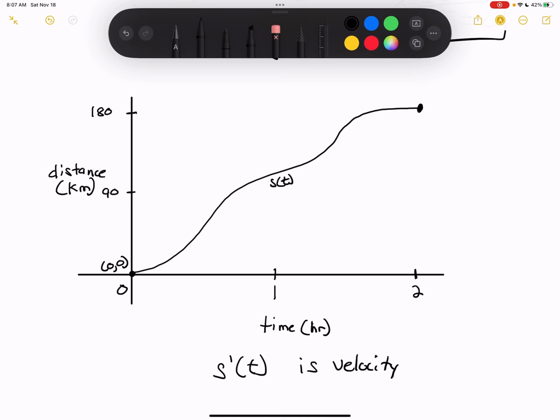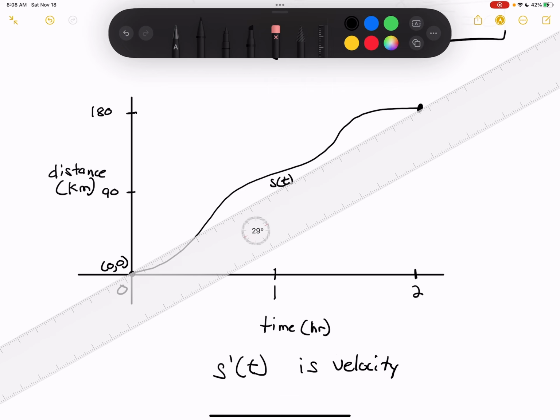You'll see here, on the x-axis, the t-axis, is 2 hours. At time t equals 2 hours, we traveled 180 kilometers. And we started at 0 kilometers at t equals 0. So the average velocity over these 2 hours is simply connecting the 2 points, the starting and ending point, and taking their slope.